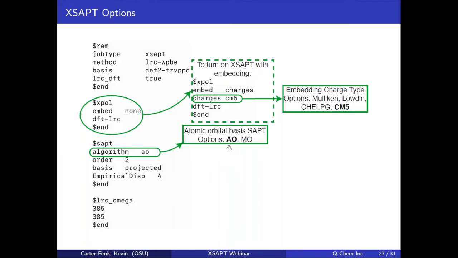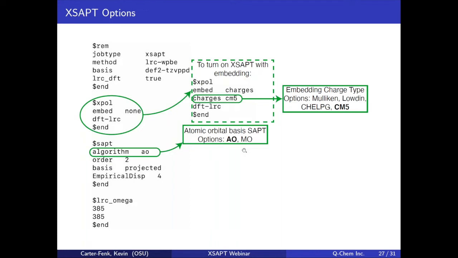So there exists an AO formalism of SAPT that is faster than the MO formalism because it reduces the amount of memory that's required in the calculation, and the AO formalism does not have the formal SAPT dispersion.